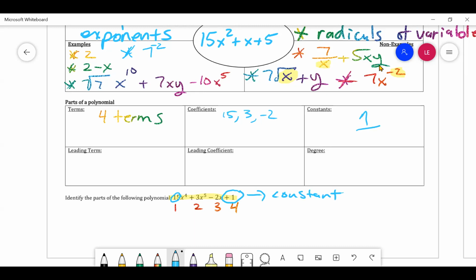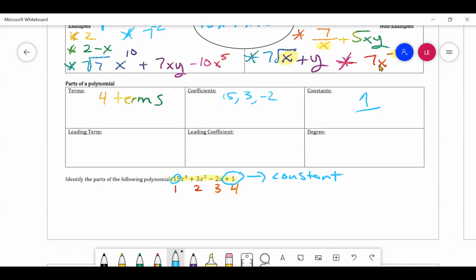Now, it's asking for the leading term. One of the sections of your homework is going to ask you to write polynomials in standard form. So when you look at a polynomial, you're going to look for the highest power, the biggest degree. That's the term that leads, controls that polynomial. The biggest power or exponent here is the number 5.